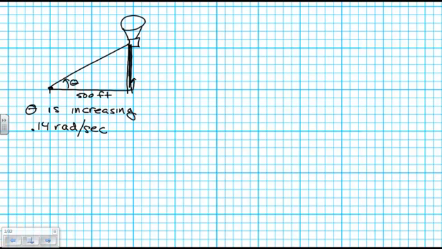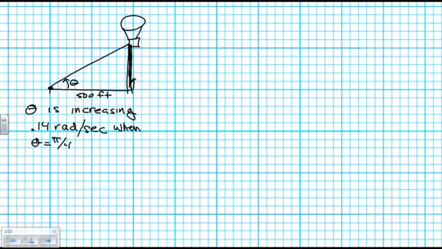You can imagine that if the angle went up very quickly, the balloon would be going up very, very quickly. Sorry, I have to add one more piece: this rate of change is when theta is equal to pi over 4. It's when I actually hit the pi over 4 measurement. I've right now given you enough information to figure out how quickly the balloon is rising.